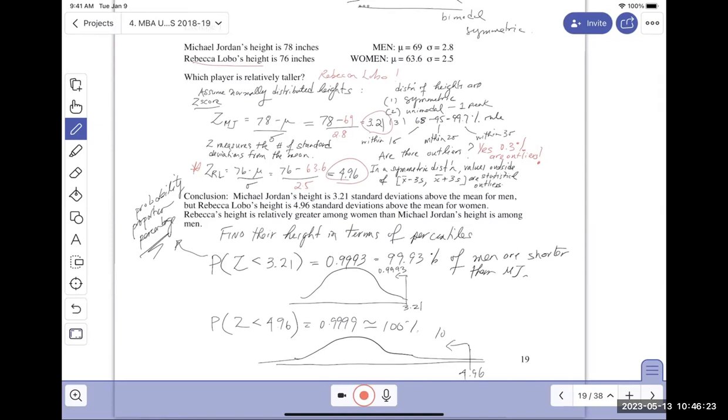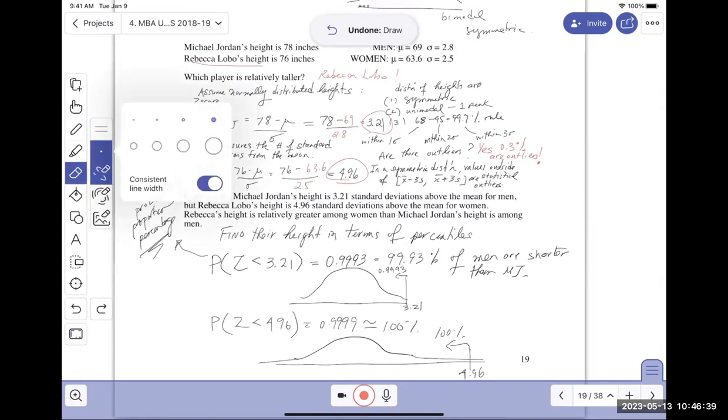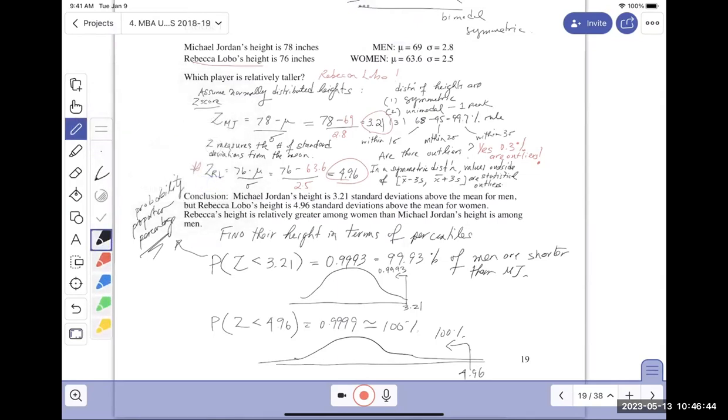And we're going to say close to 100 or 100%. Depends how many decimal places you want to use, but to 4 decimals, she is 100%. Let's put the repeating decimals there. Make it a little clearer. Right, so she's way out there.